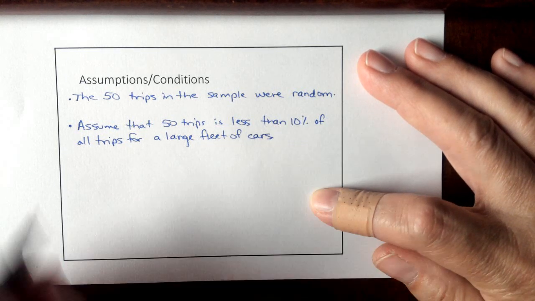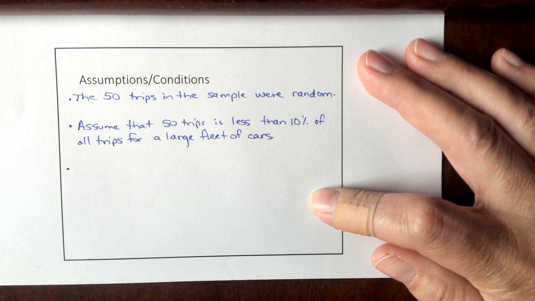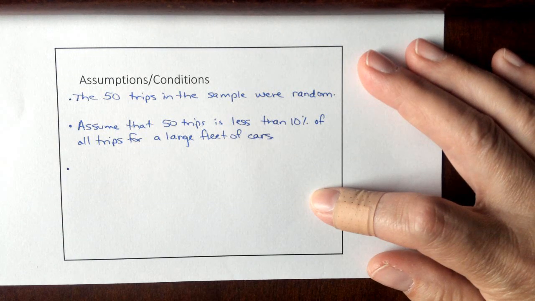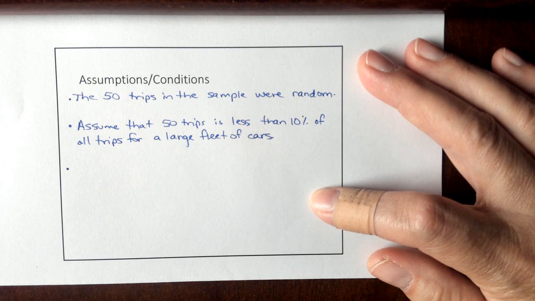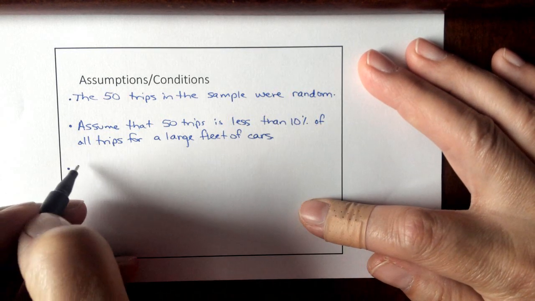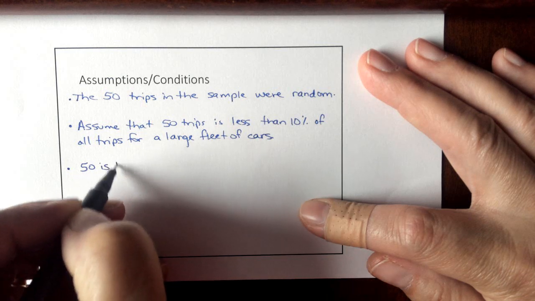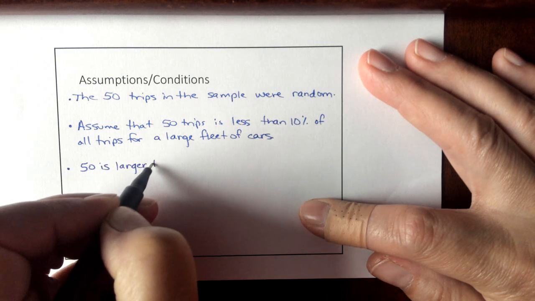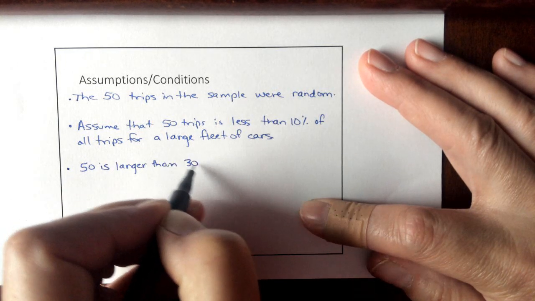Definitely reasonable. Last but not least is the sample size condition. Our best hope always is that we have a sample size of at least 30. We have 50. That's fabulous. So 50 is larger than 30.